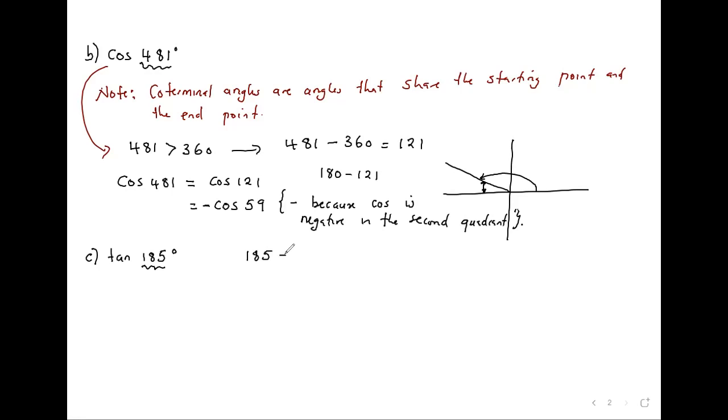We get 5. So this is equal to tan 5 degrees. Tan 5 is in the first quadrant, and 185 is in the third quadrant where tan is positive as well. So we'll leave it just like that.